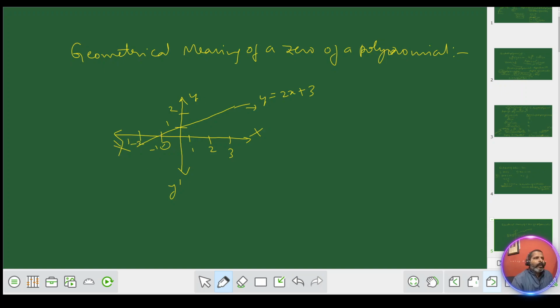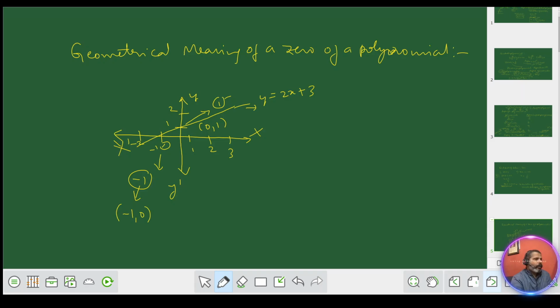This line cuts the x-axis at what point? Minus 1. The y-axis at what point? 1. So the coordinates of this point will be x as 0, y as 1. The coordinates of this will be minus 1 comma 0.